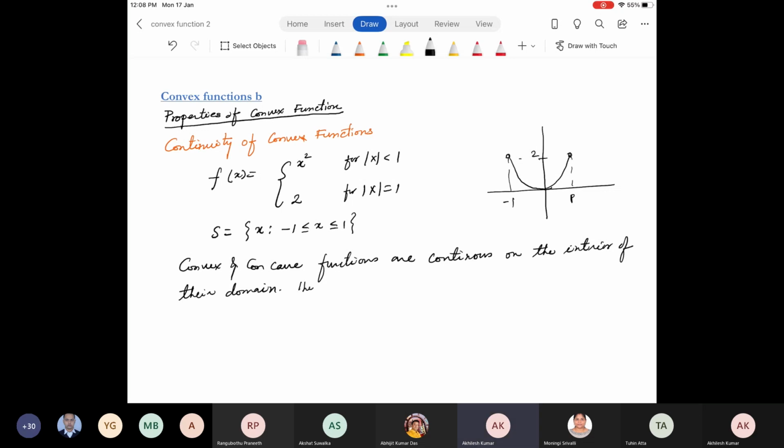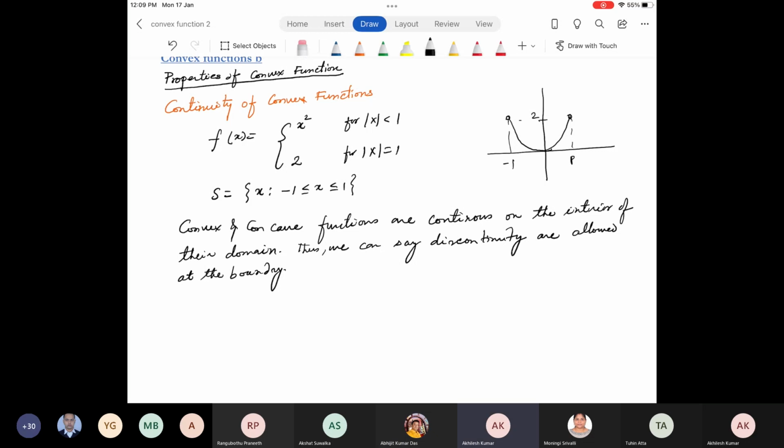So we can say discontinuities are allowed at the boundary. What we are trying to say is, a convex or concave function may not be continuous everywhere. However, in the interior of the set on which they are defined, they will be continuous. Does that make sense?